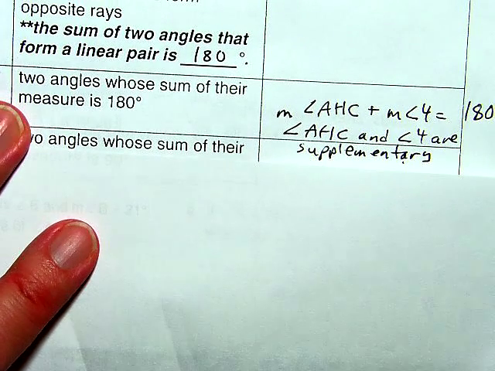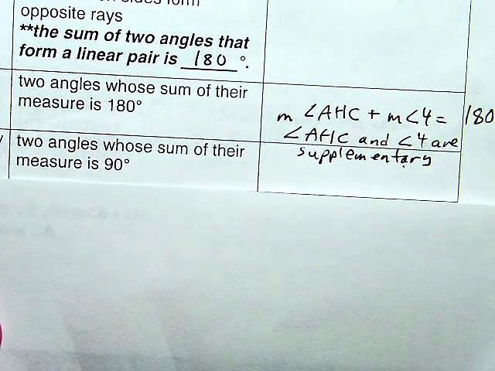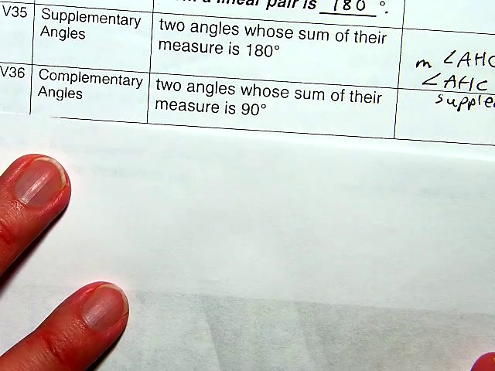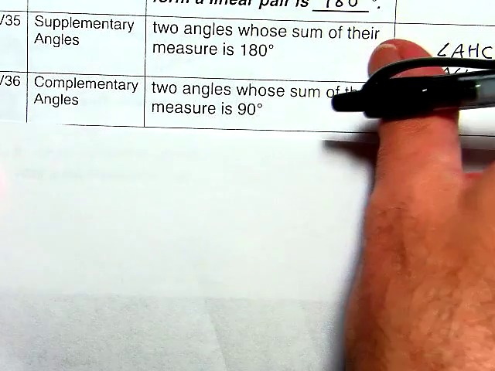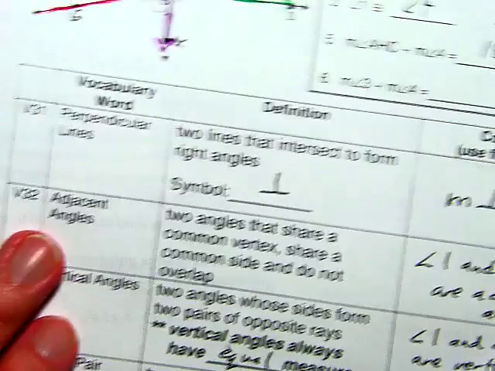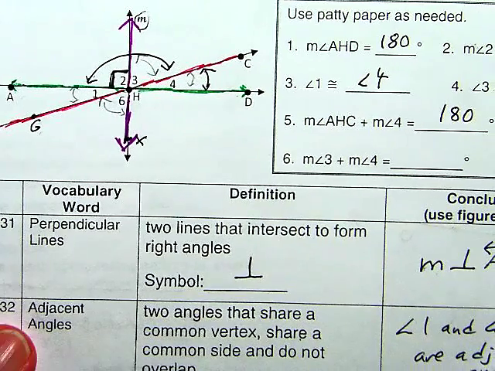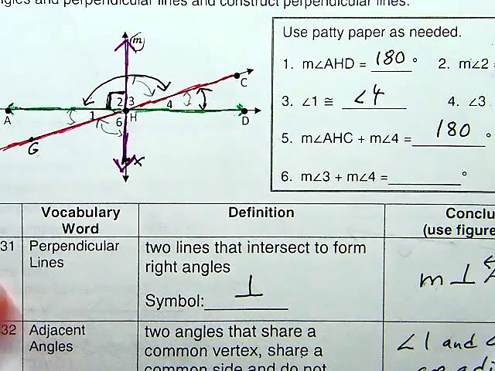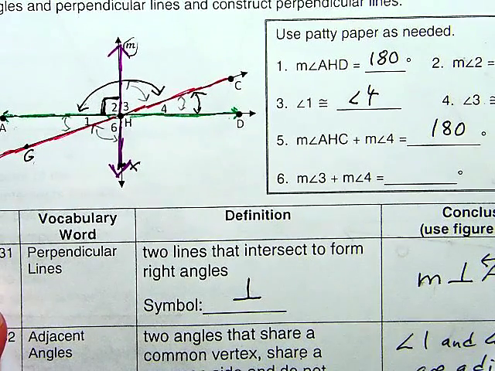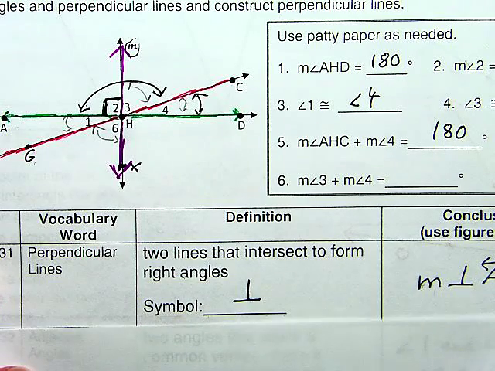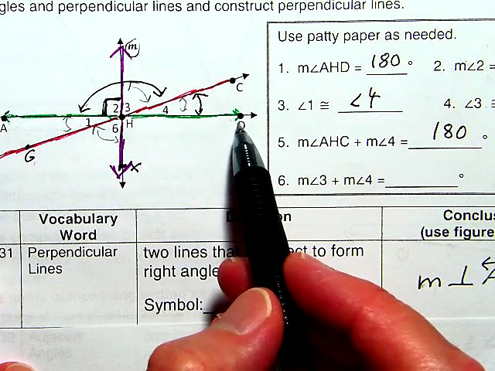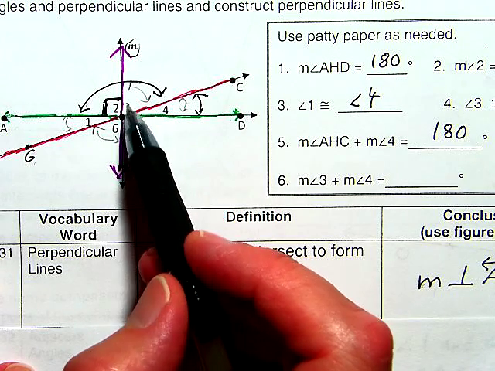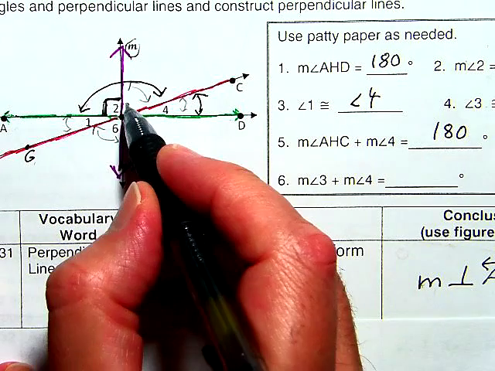Okay, and now let's look at our final definition. Complementary angles are two angles whose sum of their measures is 90 degrees. So let's go back up to our drawing here and let's see our illustration. Let's find two angles, the sum of whose measure is 90 degrees. Well, that would be a right angle. We know that M and AD are crossing at right angles, so this is a right angle right here.